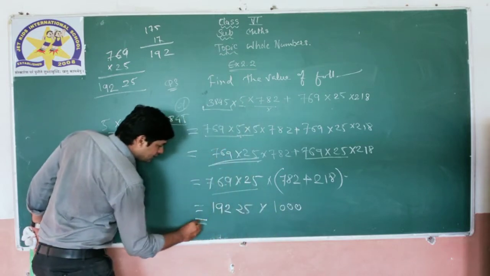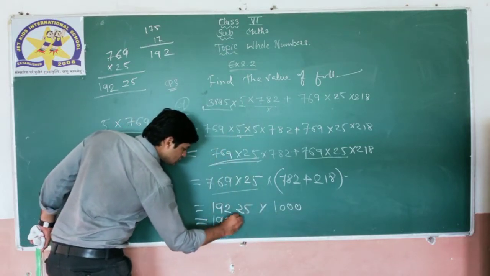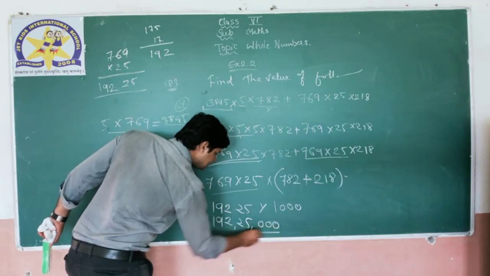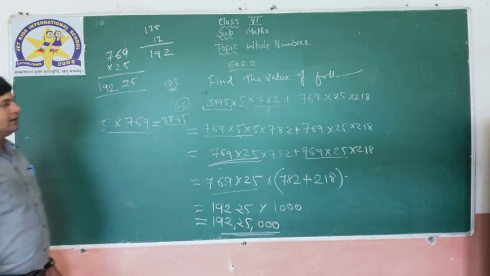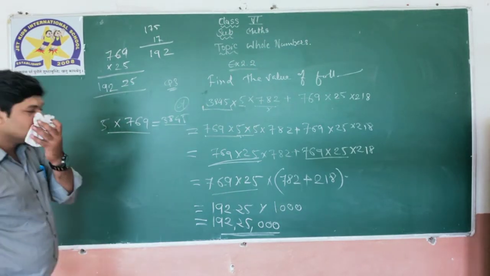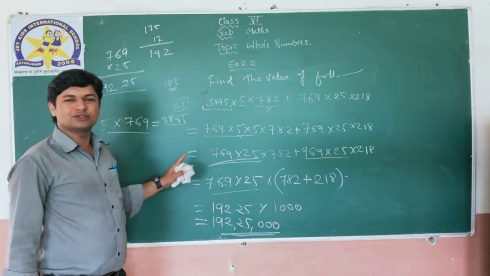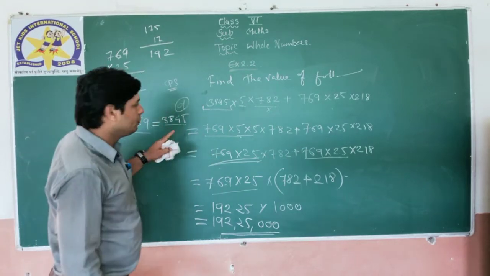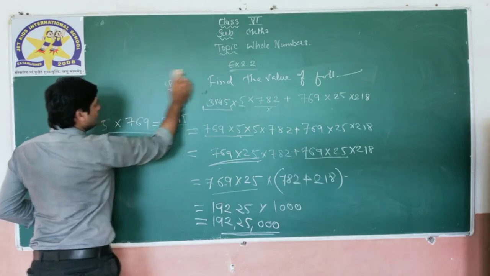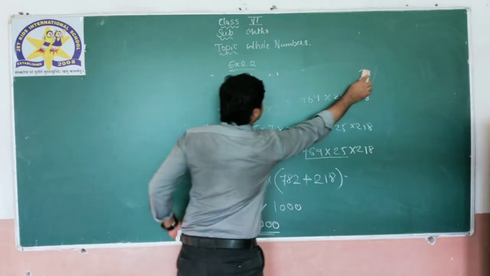So our answer will be 19225, just add 3 zeros. Clear? This is how we will solve this thing. I hope this is clear to all of you, because this one was complicated. Now let us start our new question, that is question number 4.